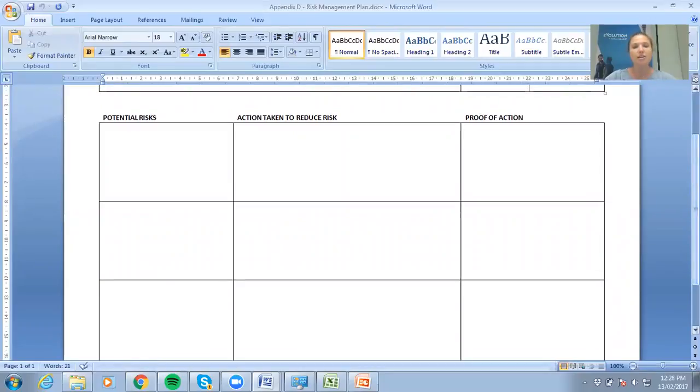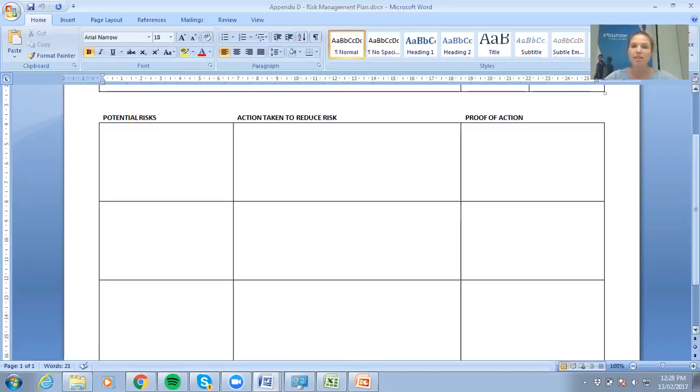Then with your column action taken to reduce the risk, you need to detail some steps involved that you would take to reduce that risk, and to ensure that it wouldn't happen or it would have the least effect on the organisation.